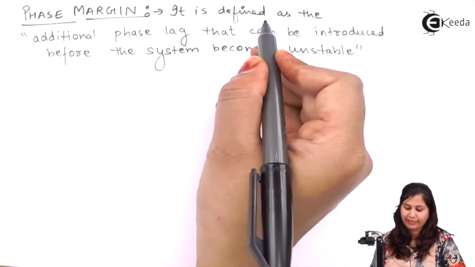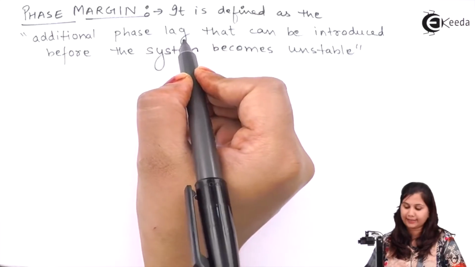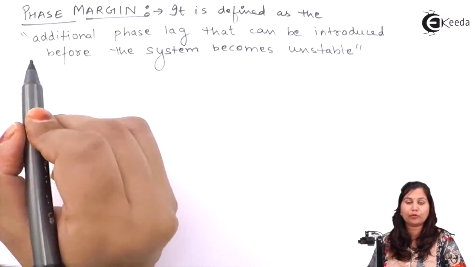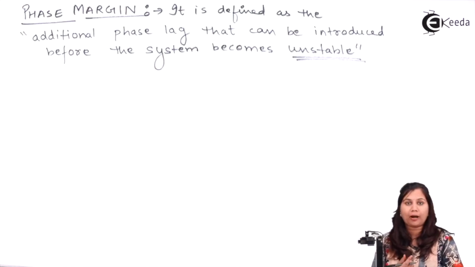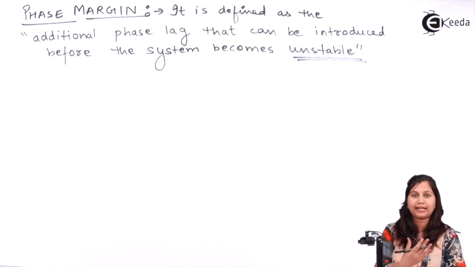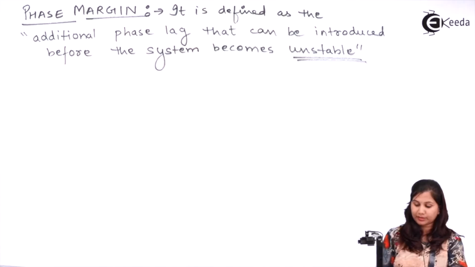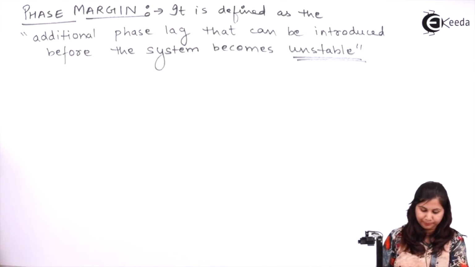Phase margin is defined as the additional phase lag that can be introduced before the system becomes unstable. So this is the amount which we can add in the phase so that the system does not become unstable.